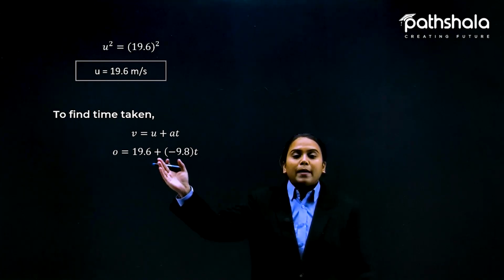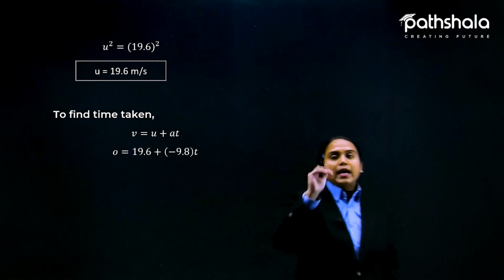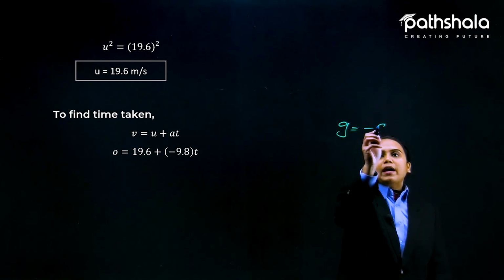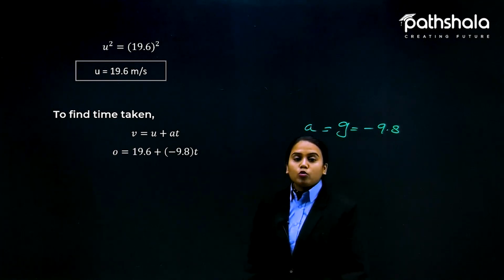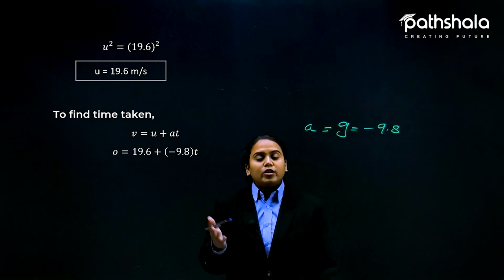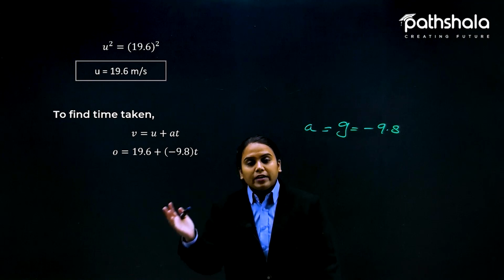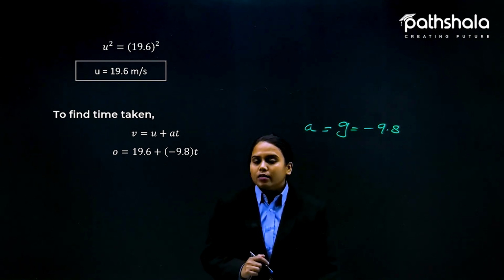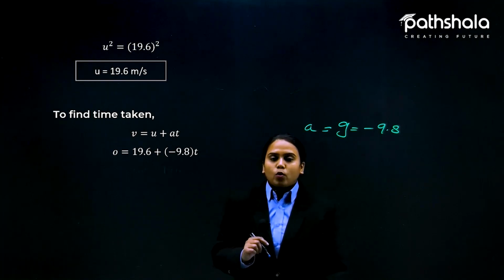So plus minus 9.8 we have put in place of a, because g here would be minus 9.8, and a is equal to g according to the equations of motion for free falling bodies, or any object that is thrown or falling under the influence of the gravity of the earth. Now the time could be measured with the help of this equation.